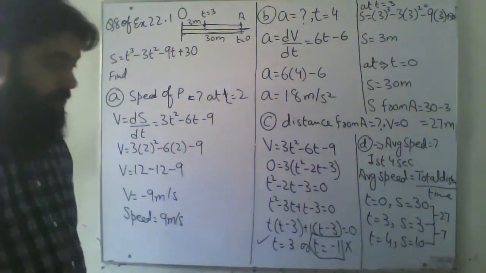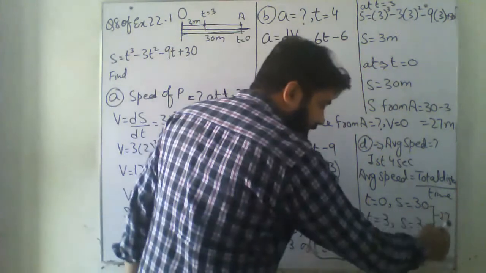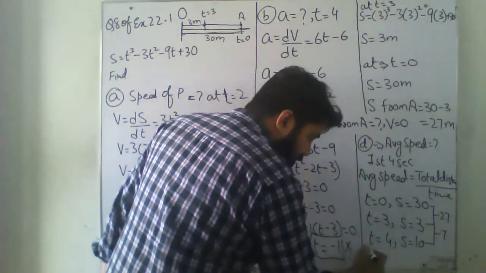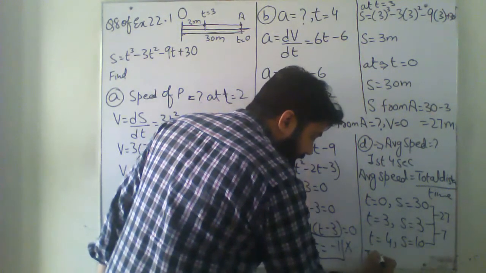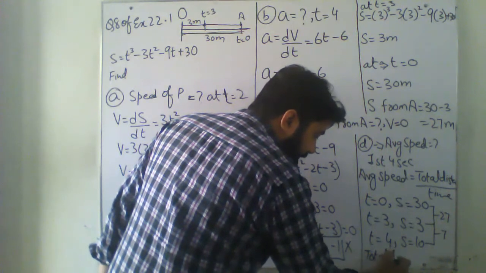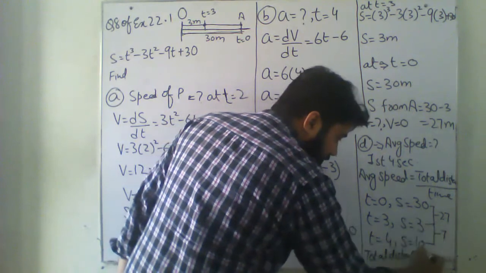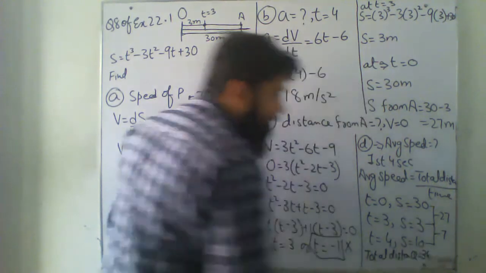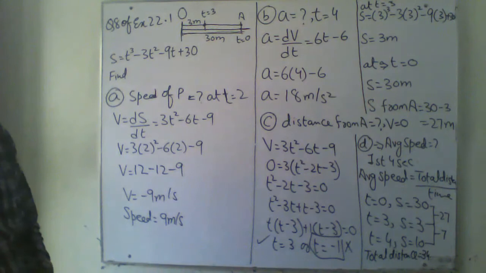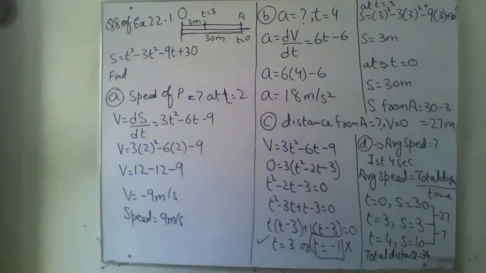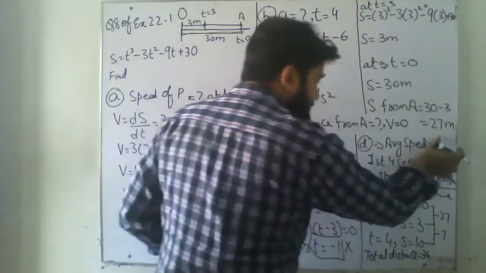What you have to do is add these distances. So the total distance covered is 34. Now we have to find the average speed.